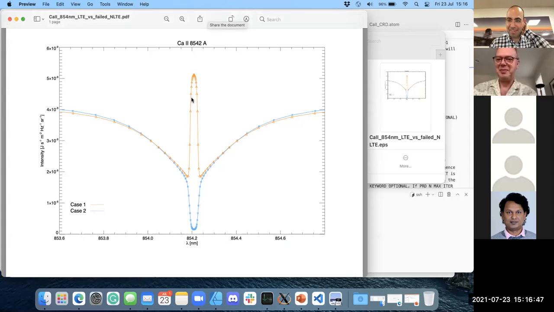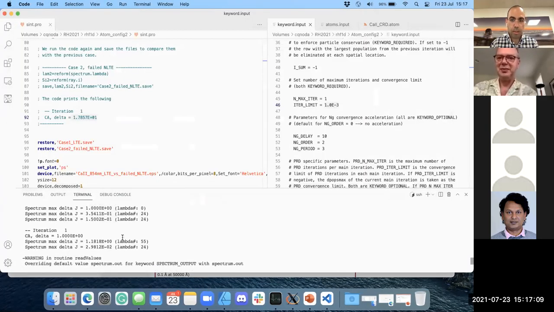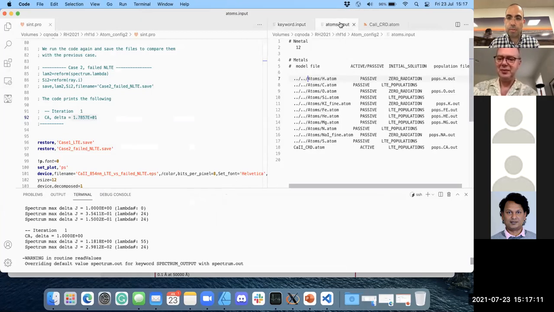Yes, this profile doesn't make sense. So the idea is, if you start doing iterations like I have done with 1, then the blue line looks like an absorption calcium 8542 profile. But the line core is probably deeper than we expect. And also in the previous example, just let me check, just 1 second.